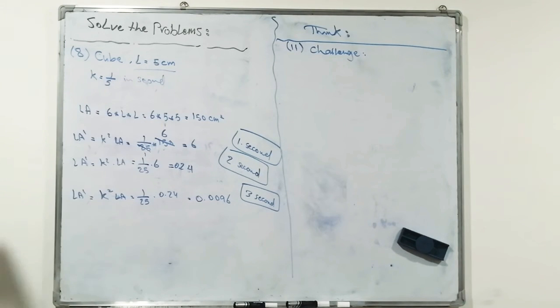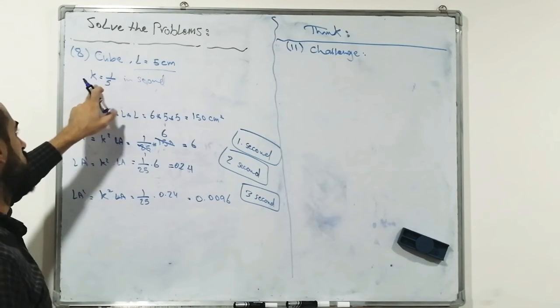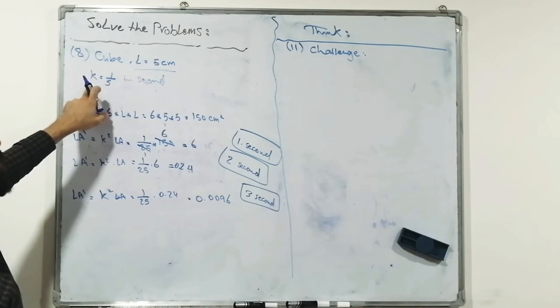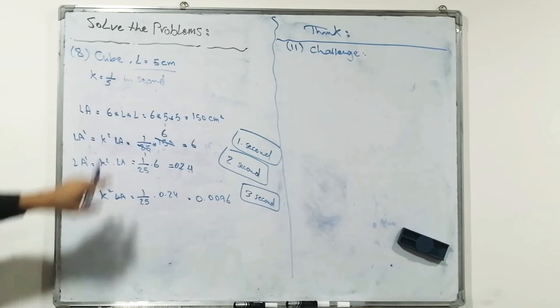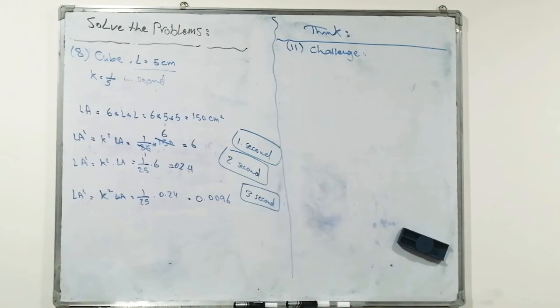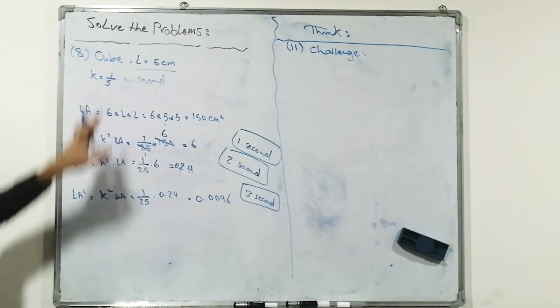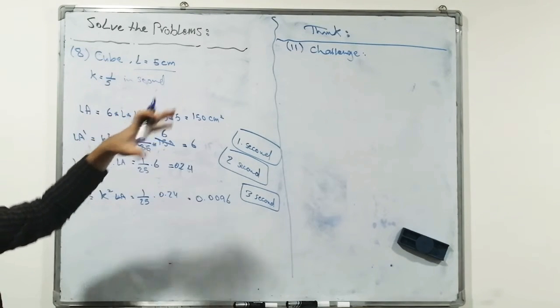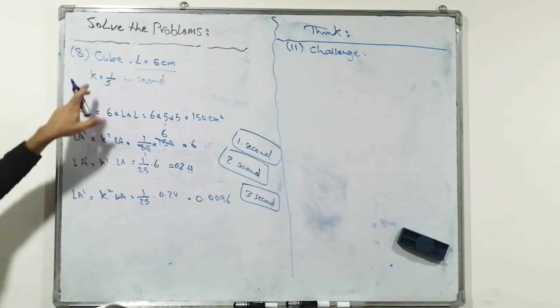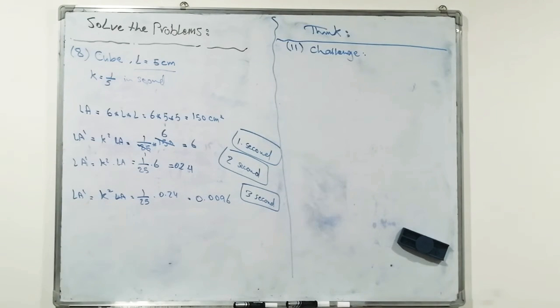So the cube of ice started melting while keeping its cube shape, with melting coefficient 1 over 5. Calculate the time it takes to completely melt.